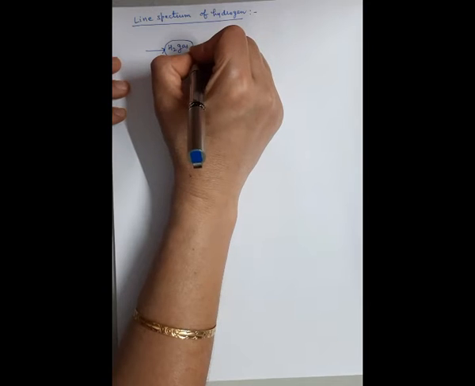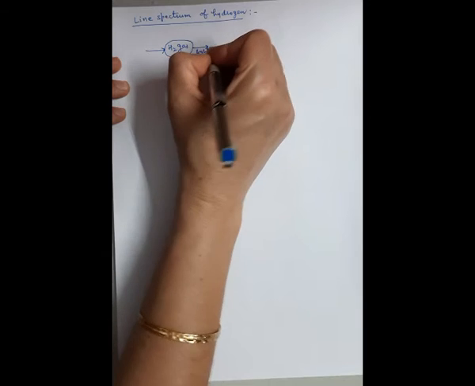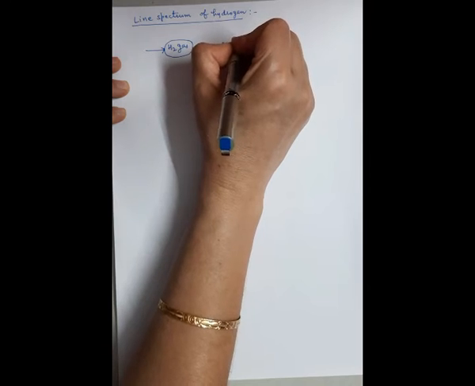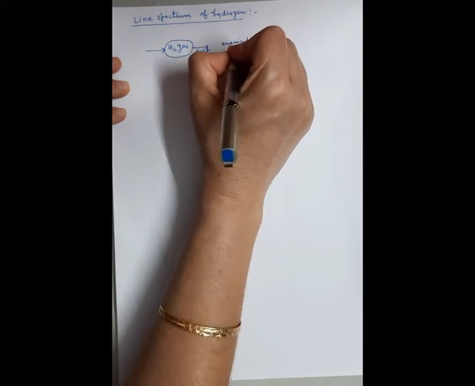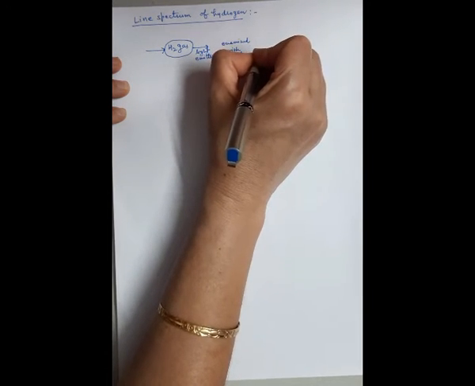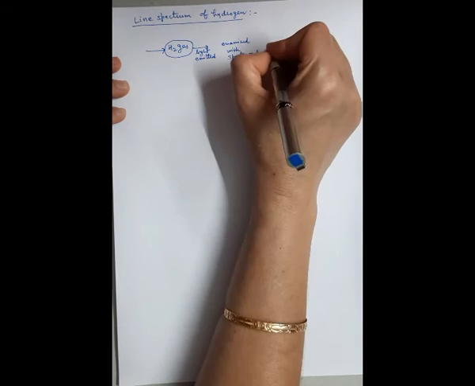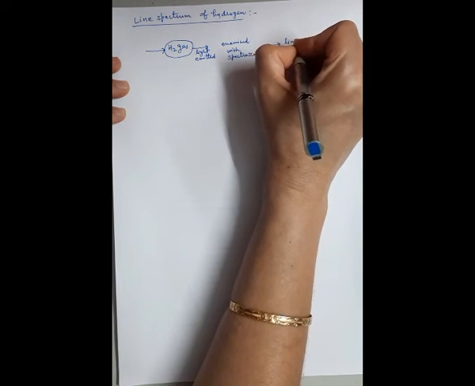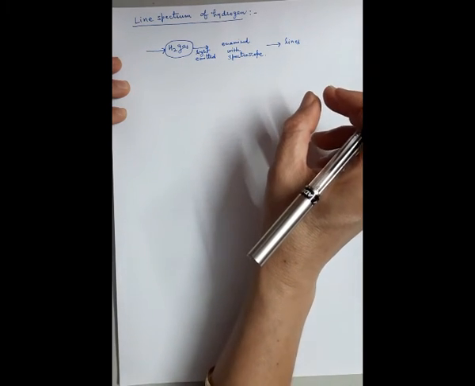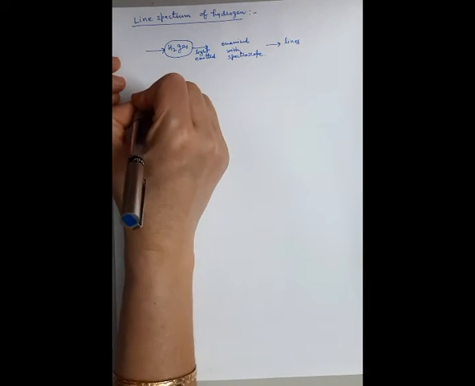Some light is emitted out of it, and this emitted light is examined with the help of a spectroscope. Different lines are obtained, which are grouped into different series, and the series are named after their discoverers. So there are 5 series which are obtained here. I'll make a table here.